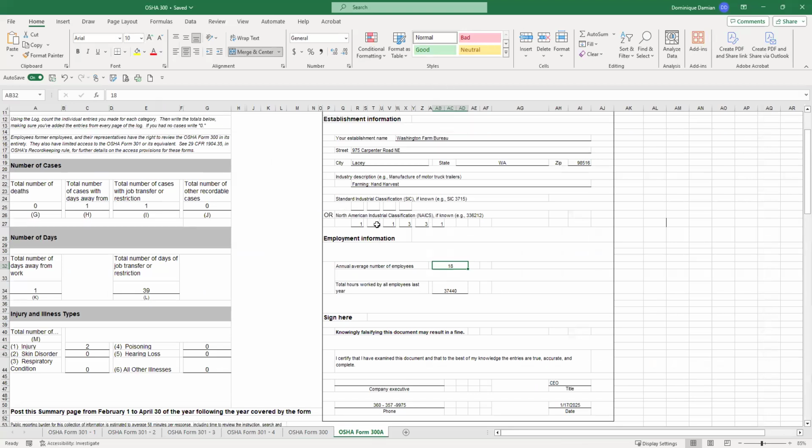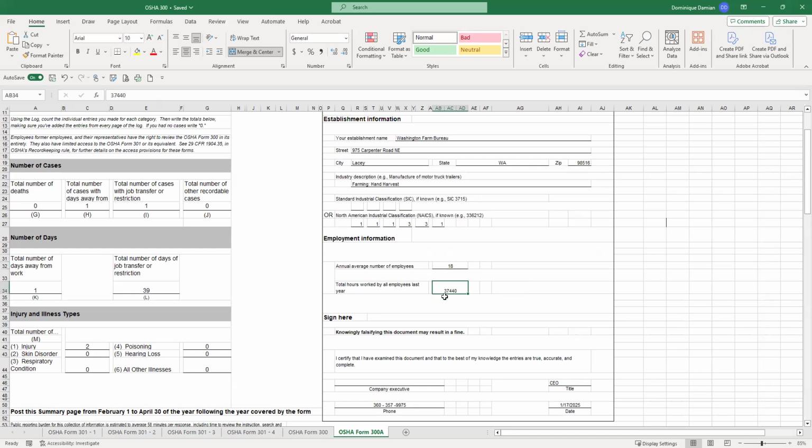And this side is all about your company information. The annual number of employees: add up the total number of employees for each payroll for the entire year, and then multiply by the number of hours of a full-time employee, and then divide by the number of pay periods you have.